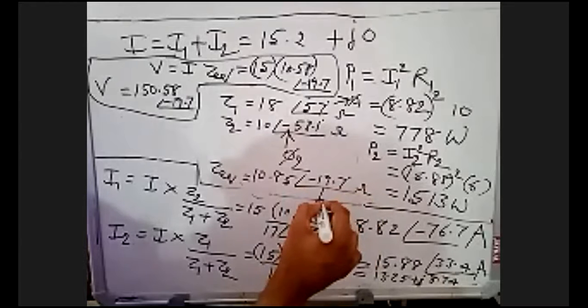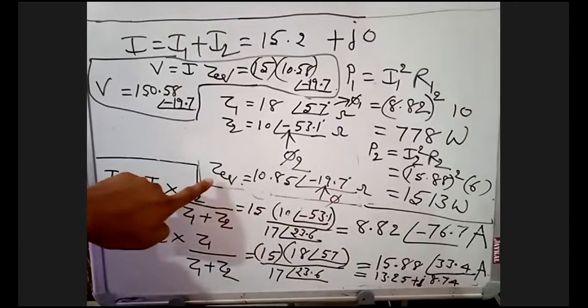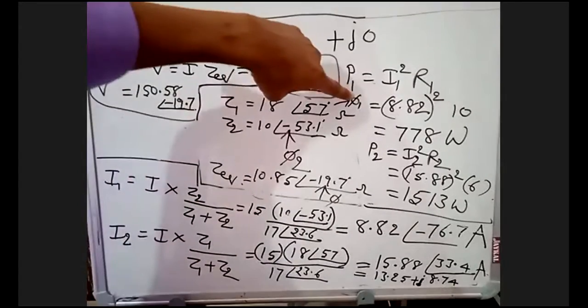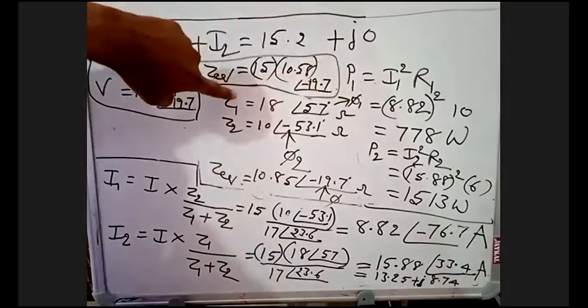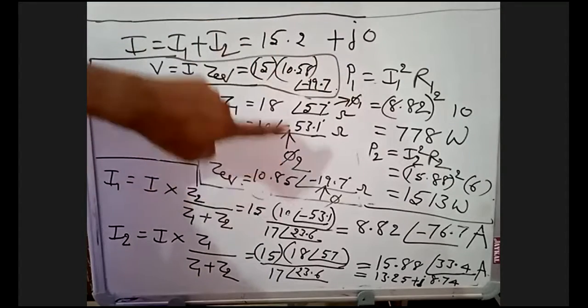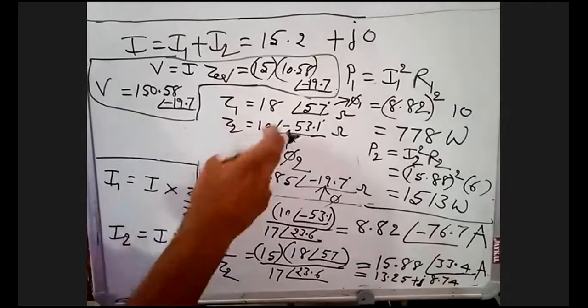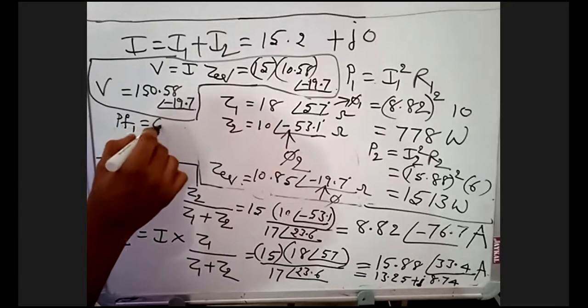This is your phi. Phi is the power factor angle for the entire circuit. Phi 1 is the power factor angle for Z1, the RL circuit. Phi 2 is the power factor angle for Z2, the RC circuit. Therefore, power factor 1 is equal to cos phi 1.